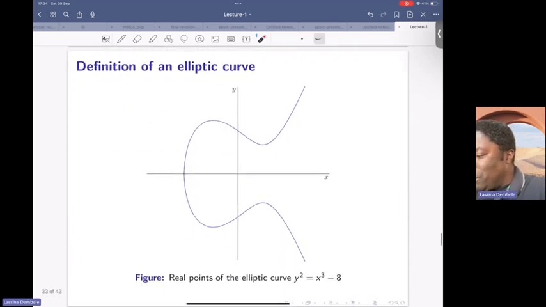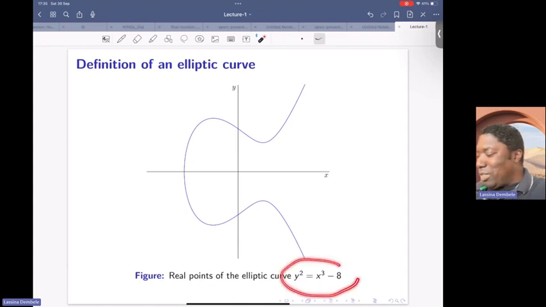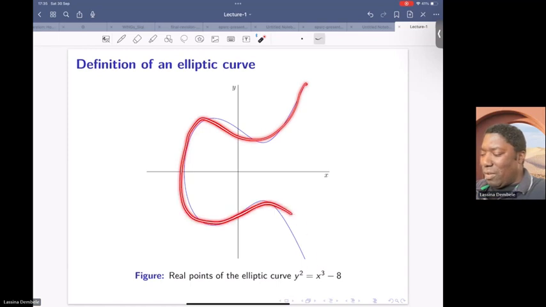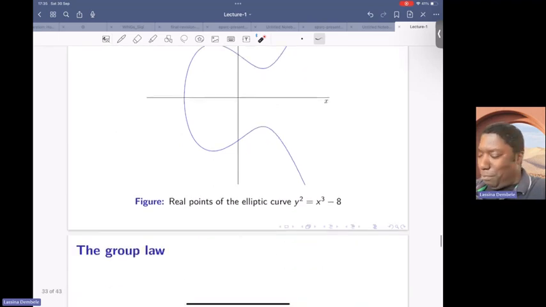And so, if you were interested in drawing the real locus of an elliptic curve, for example, if you took this curve here and you drew it, this would be the real locus of the curve.